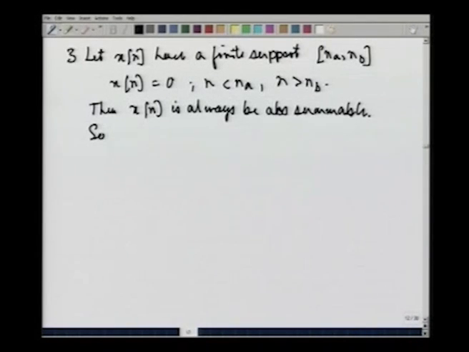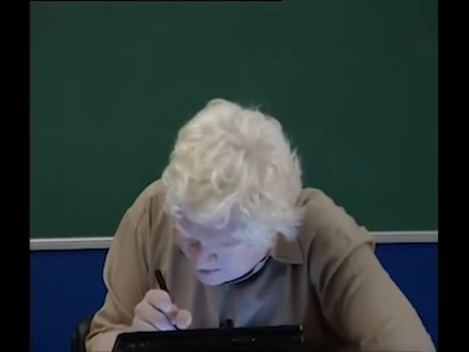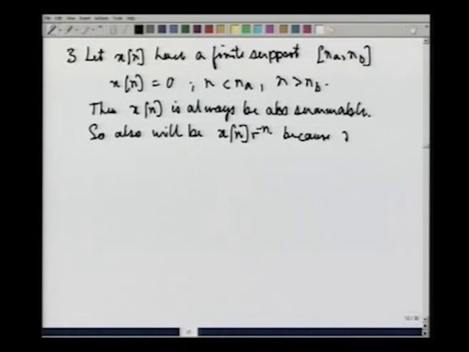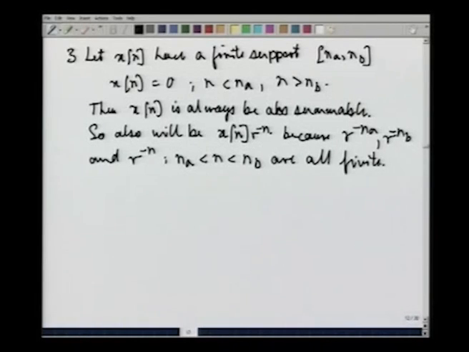So x[n] r to the minus n will also be absolutely summable, because r to the minus n a, r to the minus n b and r to the minus n for n a less than n less than n b are all finite, for any finite r.